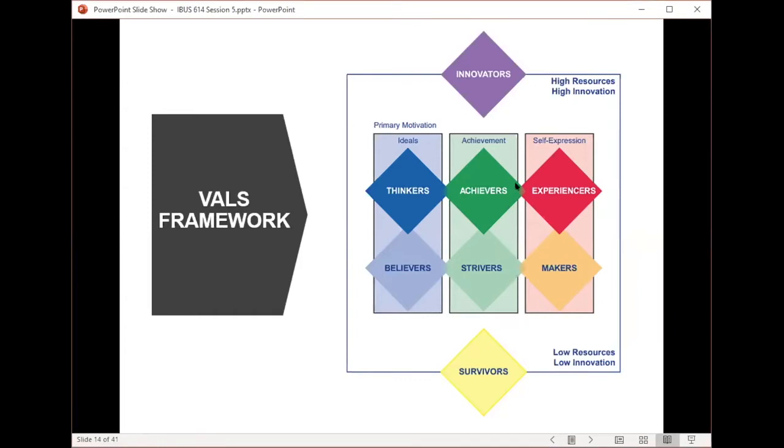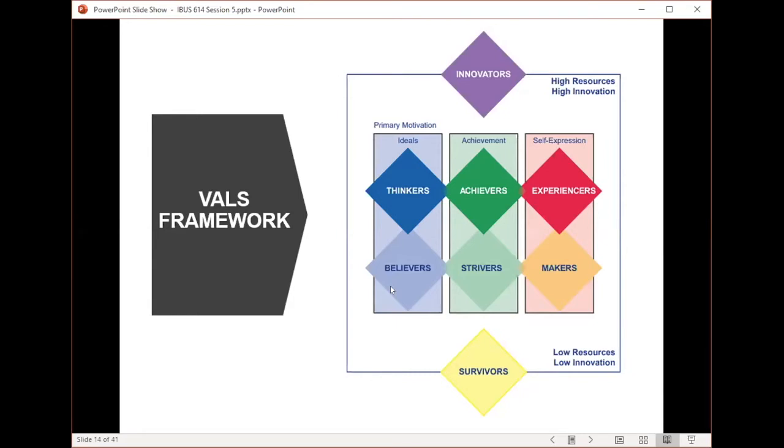So based on that, we can see that under ideals, there are 2 main types of consumers. We have the thinkers and the believers. And depending on the positioning, the thinkers are closer to the top. So we are saying that they are motivated by ideals, and then they have high resources and high preferences for what? Innovation. Likewise, the believers are also motivated by ideals.